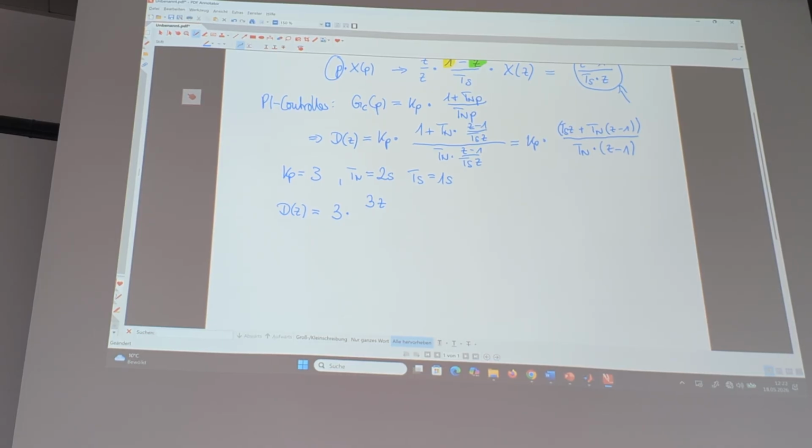Tn was 2, so minus 2. Here we have 2z minus 2.